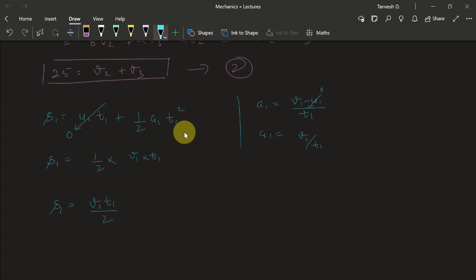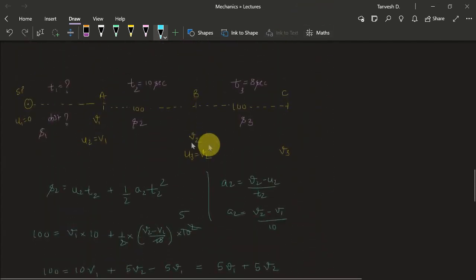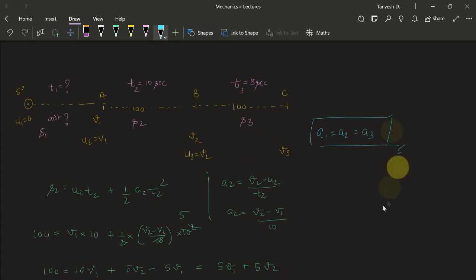Now what do we have here? We know that acceleration across the entire distance is the same. That means we know that a1 is equal to a2 is equal to a3. This is one piece of information that we have.